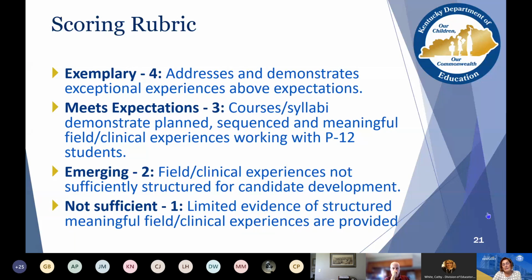Planned, sequenced, and meaningful are very key words here. Planned means that it's not just giving a list that's in the regulation and saying we do these things. We have to plan how we're going to do them, and we have to sequence them so they're meaningful.